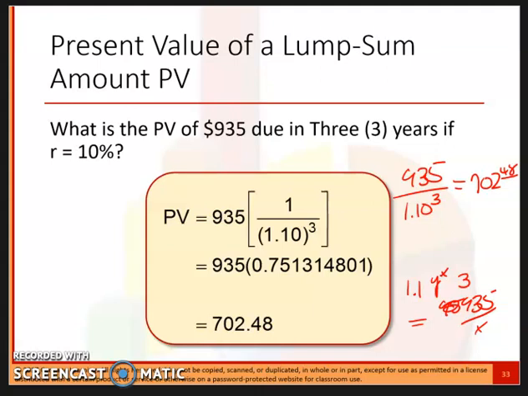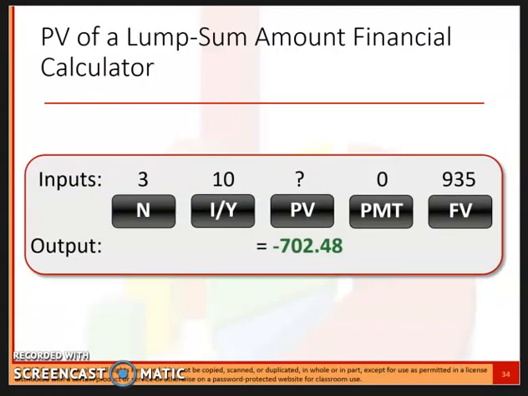Using the calculator, we've got 3 years and a 10% opportunity cost rate, or required rate of return. So 3 N, 10 I/Y. We're calculating present value, but no payments are involved, so we put 0 for payment.